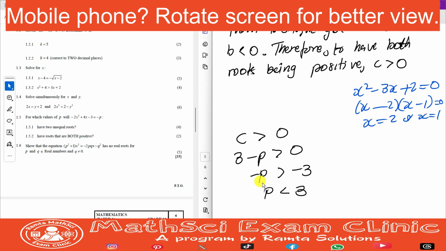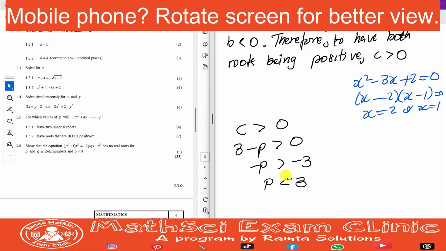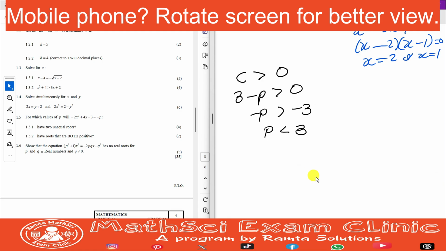But hold on. This is saying it must work for all values of p that are less than 3, right? But when this is really happening, it will not really be true. Now, let's try when the roots are equal. When the roots are equal, what's going to happen?